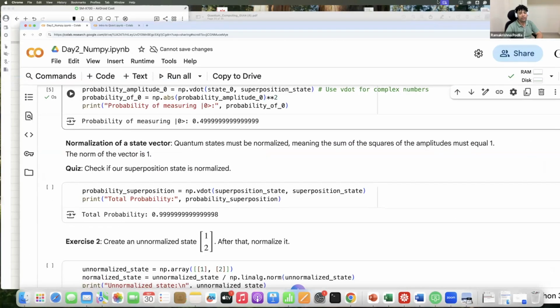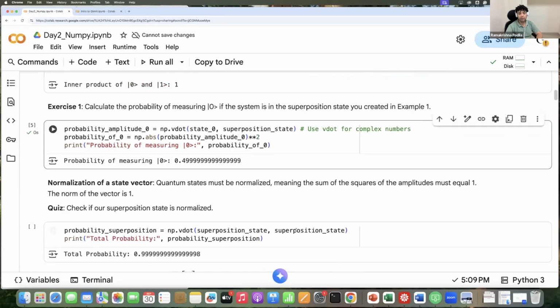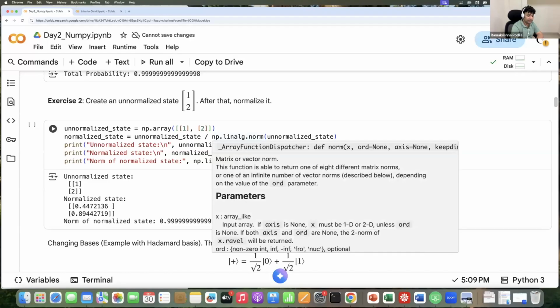So what you could do is you can take the unnormalized state. We define the unnormalized state as 1 and 2, like here, and then you can normalize it. That is, you can find out what the norm is.